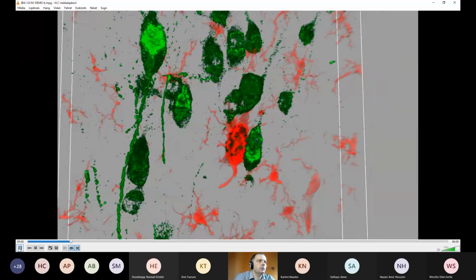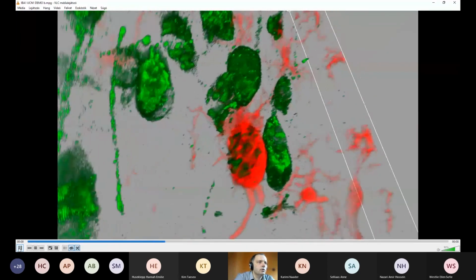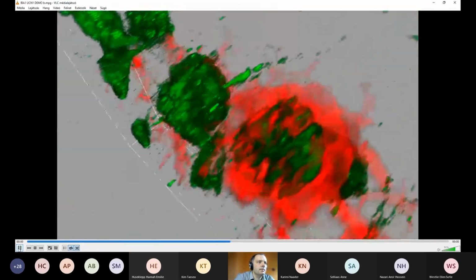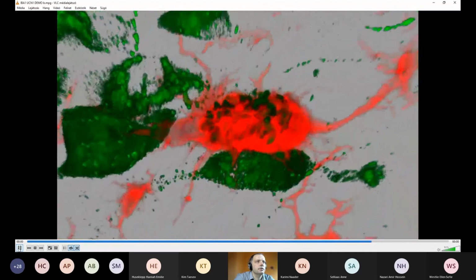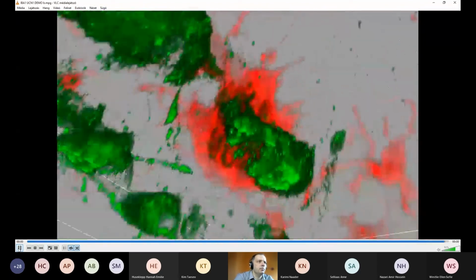Okay, for those who are still here, because I ran out of time, I didn't want to show that, but maybe if some of you is interested, I have a video on this cell, what I showed you in my last slide. It was the degenerating neuron. This is what we did also in our lab. You can see the same neuron falling apart, and you see how the processes of the microglial cells approach that.